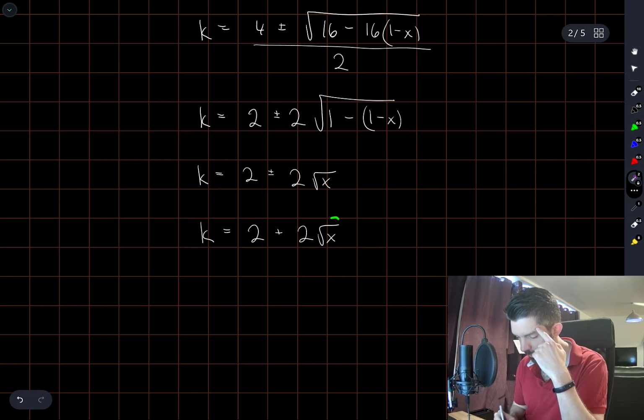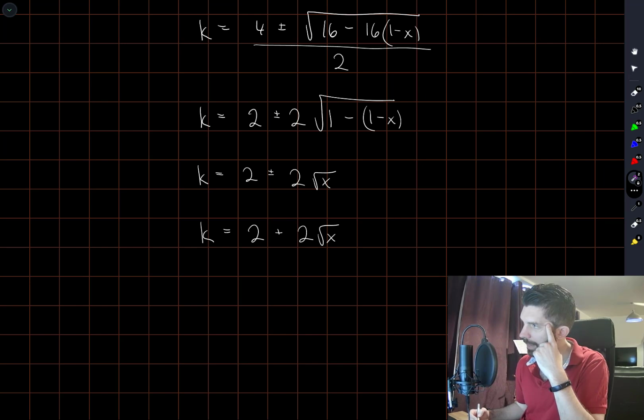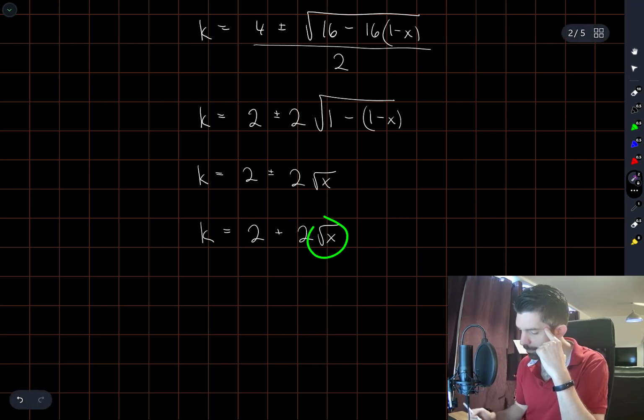This is only an integer when x is a perfect square. So x must be a perfect square.